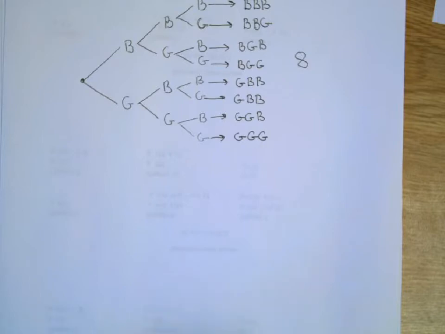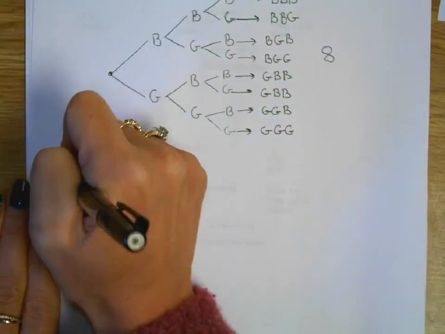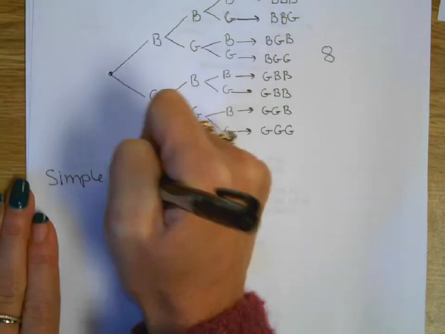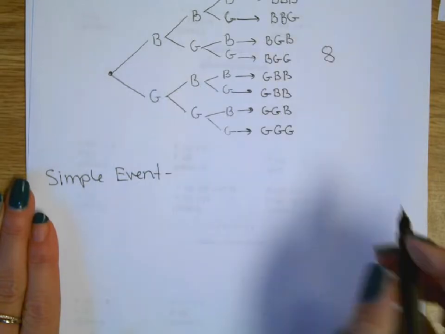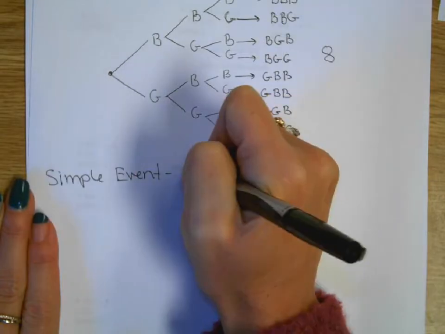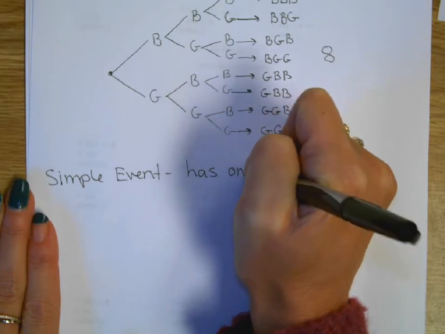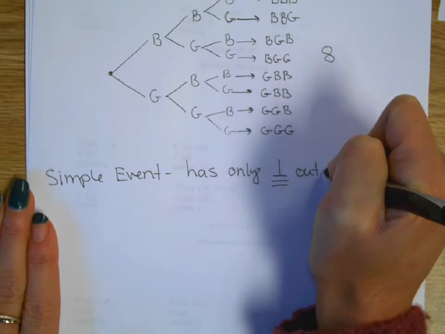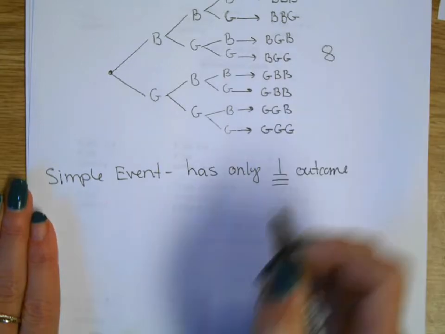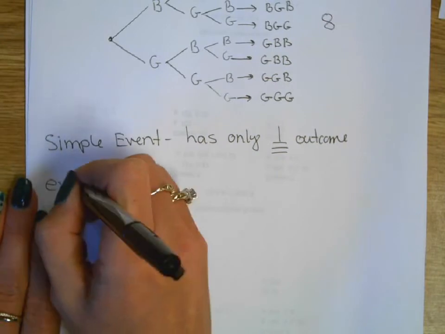All right, a simple event. Another definition. A simple event has only one outcome. So, what am I talking about?